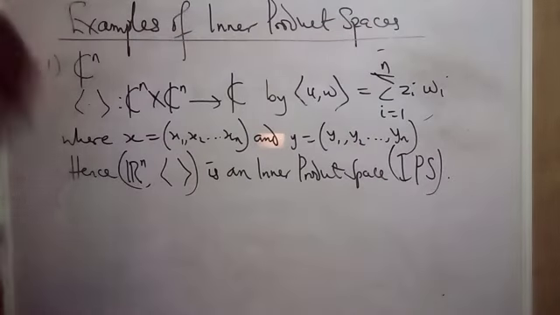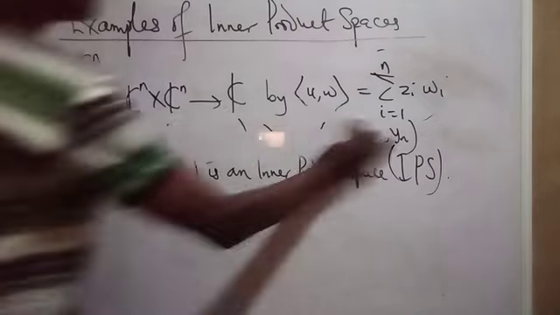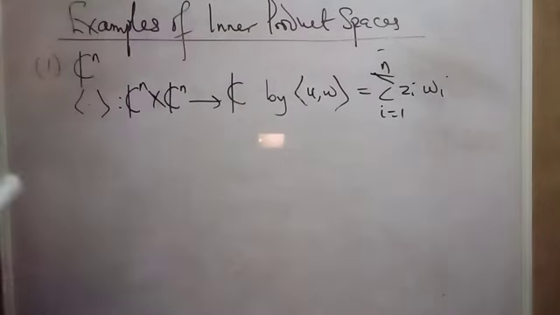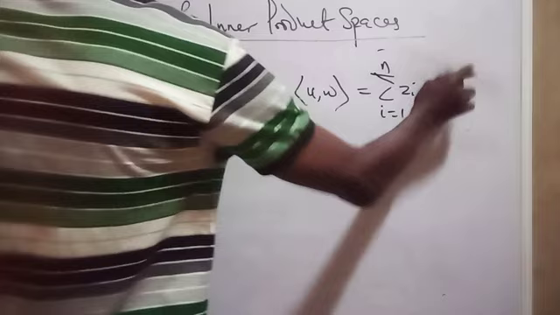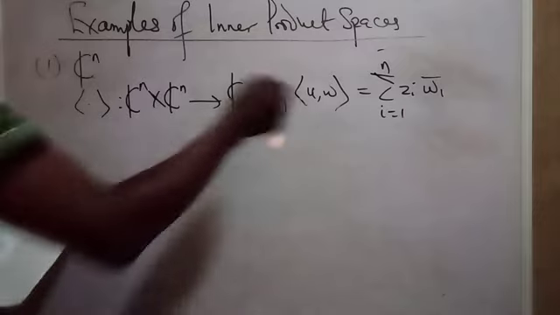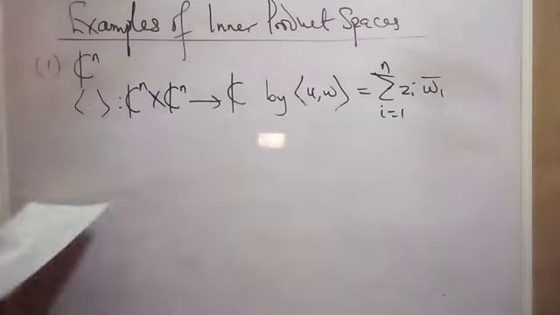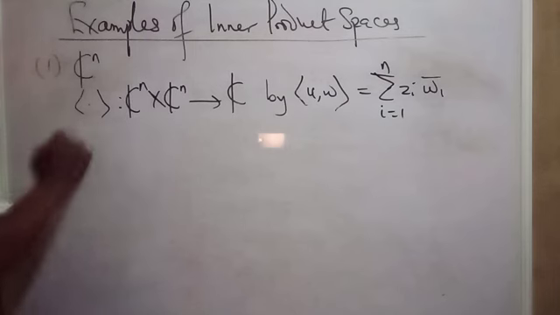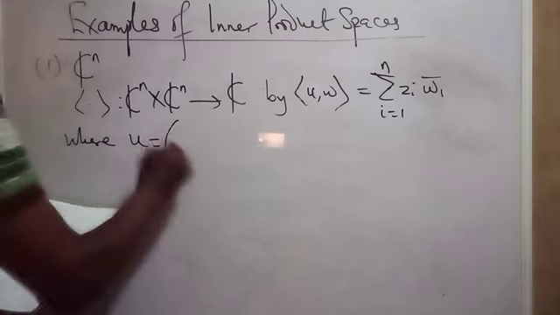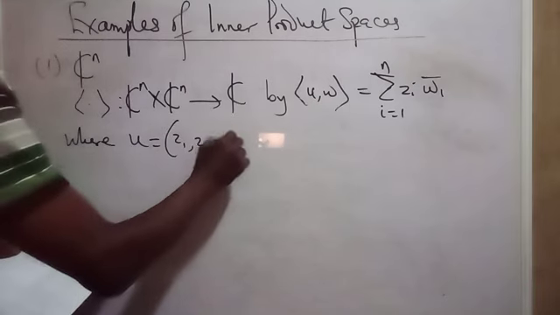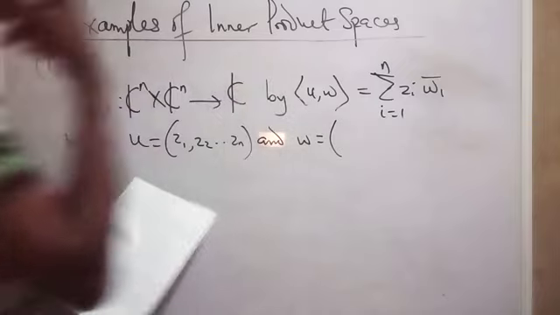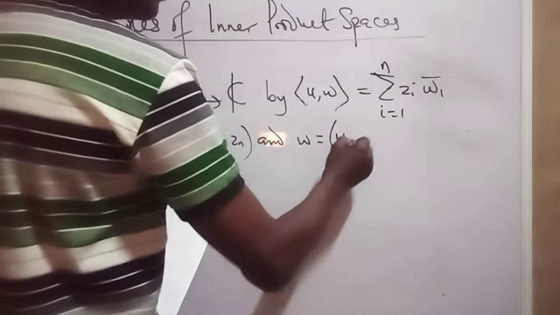I will write the generic representation for you now, so you understand what I'm talking about. Let me put my bar here because it will go to the set of complex numbers. Now i is from 1 to n, like I've shown you. An arbitrary value u is equal to z1, z2 to zn, and the arbitrary value w is w1, w2 to wn.